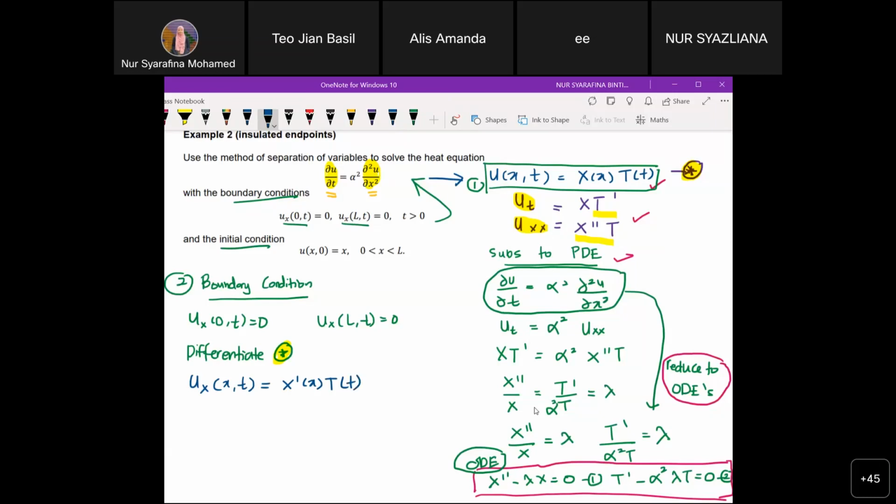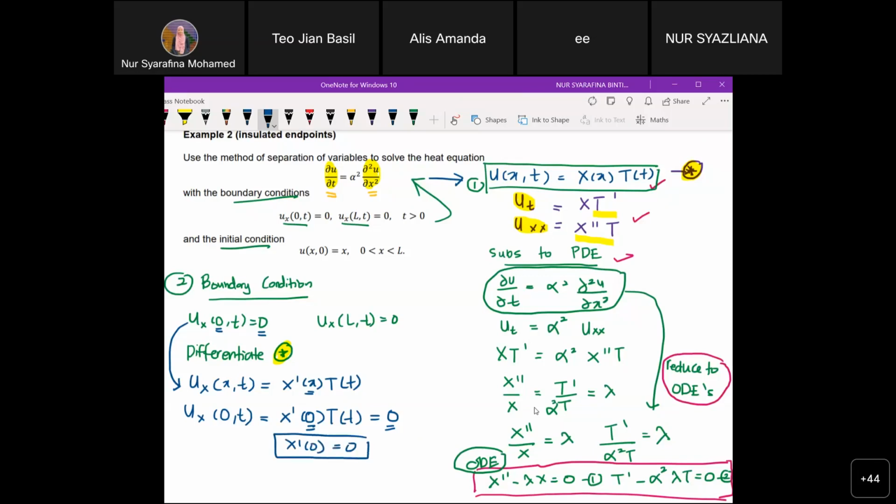Okay, so now for this ux 0t, ux 0t equals to x prime 0 t equals to 0. Just substitute x here with 0 and then it equals to 0. So from here, you can have x prime 0 equals to 0.